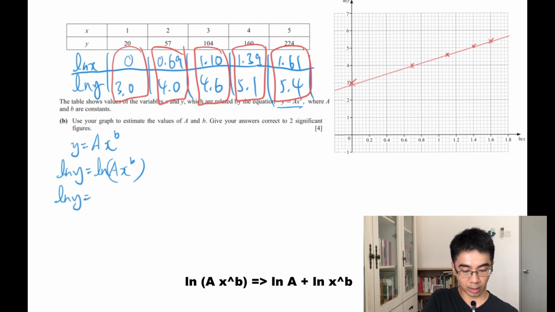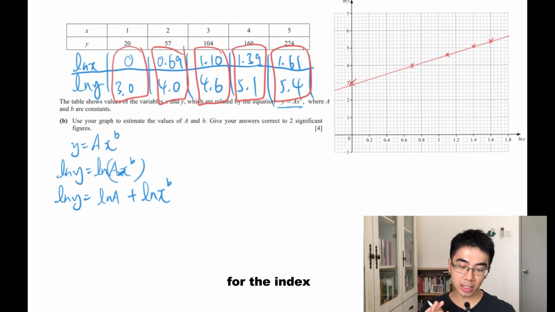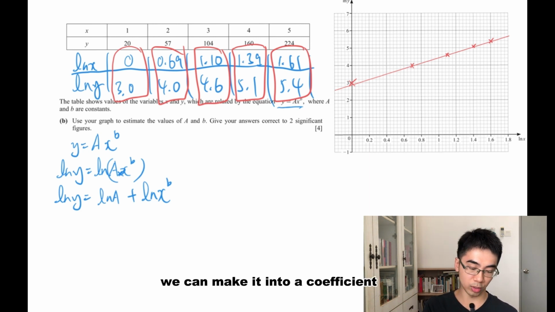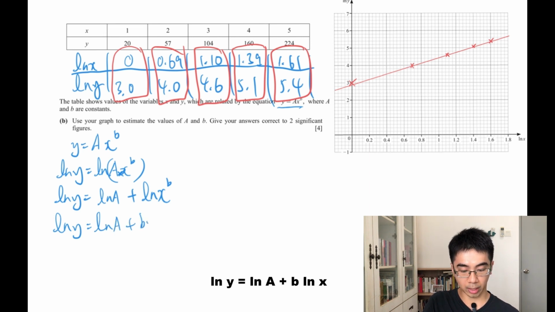Because it's a times x to the power b, we can have natural log a plus natural log x to the power b. For the power b, the index, we can make it into a coefficient. So we will get natural log y is natural log a plus b times natural log x. See, the index becomes the coefficient.